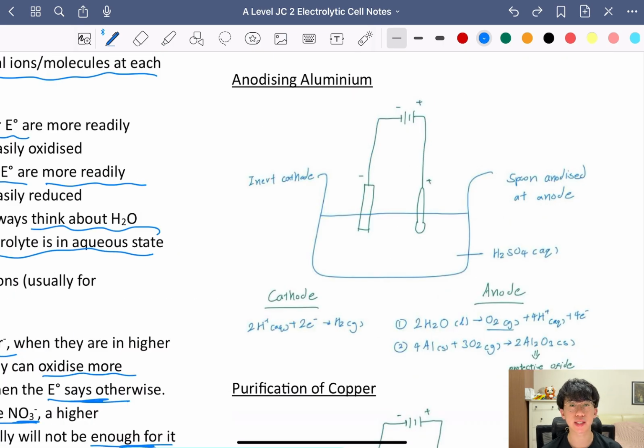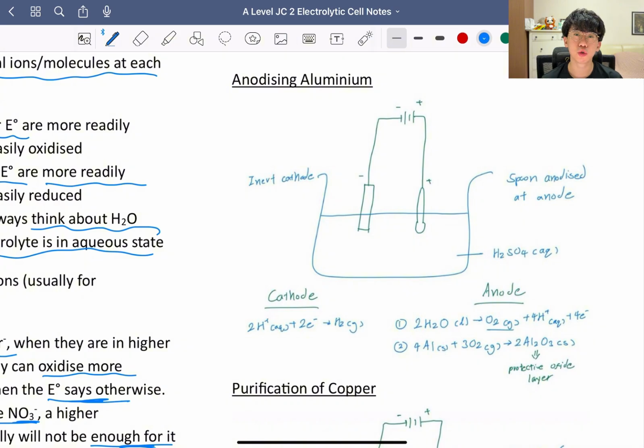The first application is anodizing aluminium. What we would do is we would attach an aluminium object, for example an aluminium spoon, to the anode. And we can have an inert cathode and dip these two electrodes into a sulfuric acid solution. At the cathode, we'll have a typical reduction of H+ because we're using sulfuric acid, so H+ would just be reduced to H2 gas. But what's interesting is what happens at the anode.